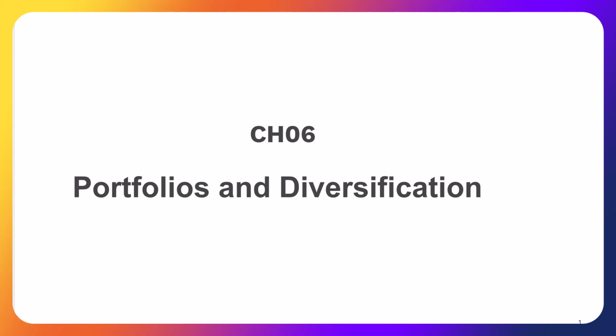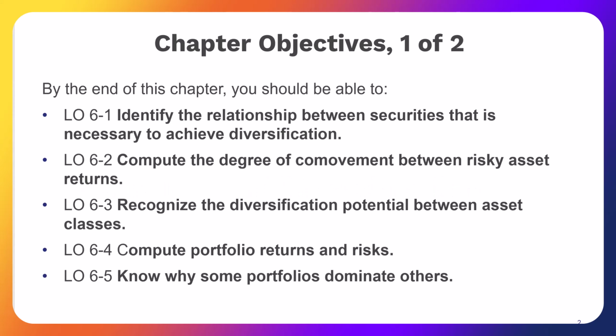This is an introduction to the basics of portfolio investment theory. The overall objective is to provide some guidance on why some investments might be better than others and what happens when we combine assets into portfolios.